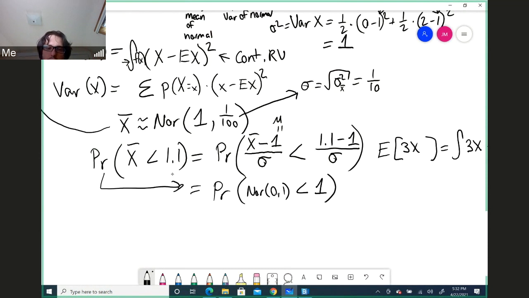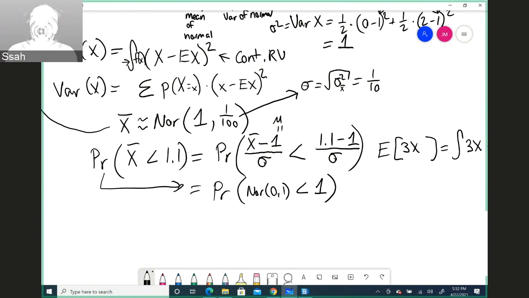Does it make sense how we got from that to that? So we always try to use this: the probability of X bar minus 1 divided by sigma. So this is the standard thing to put it into normal 0, 1, right?